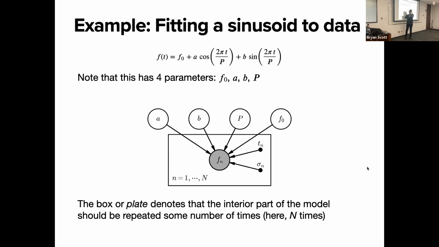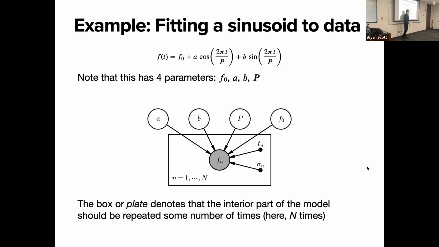If you ignore this rectangle, you notice it's a simple graphical model, because the data are the fluxes, and all of the parameters just point to that. So there are no relationships like we had before, where we have multiple unobserved things and multiple observed things. Here we just have one observed thing, which is a time series of flux measurements, and all of the model parameters point to the observed flux.